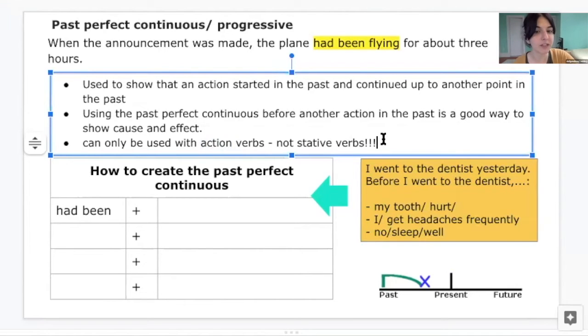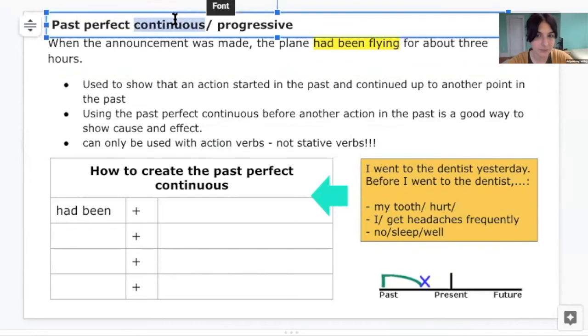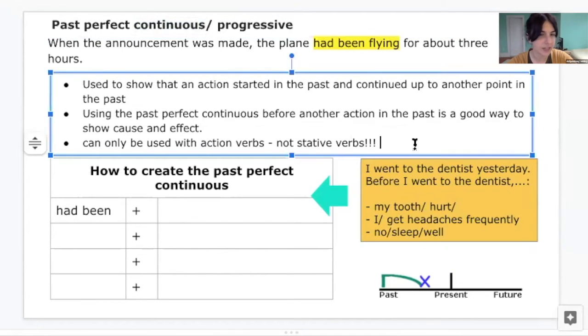Okay. And another thing to note is that we can only use the past perfect continuous with action verbs. So we don't normally use stative verbs at all in any kind of continuous or progressive tense. Can you think of what is a stative verb? Abstract words like knowledge, love.